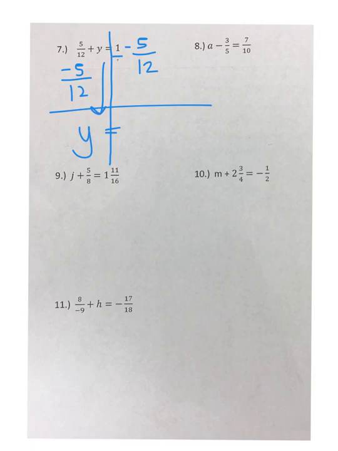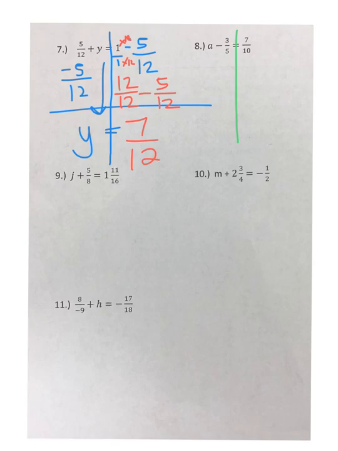So put your 1 over 1. Common denominator would be 12. So you're going to multiply this first number by 12, the top and the bottom. And that gives you 12 over 12 minus 5 over 12. Subtract our numerators. 12 minus 5 would give us 7/12. So y equals 7/12.